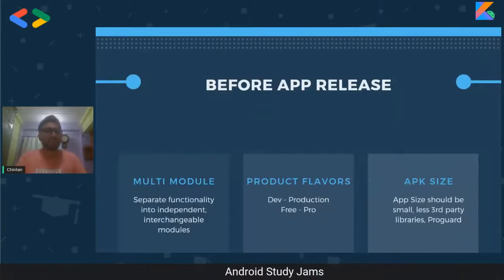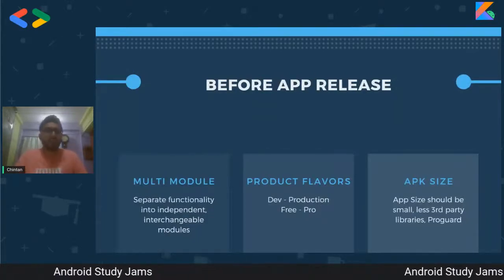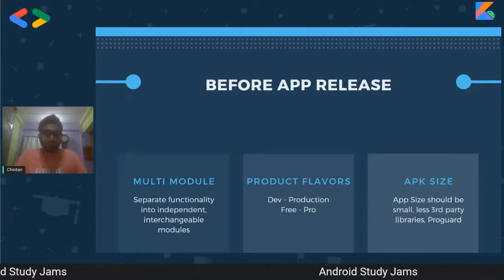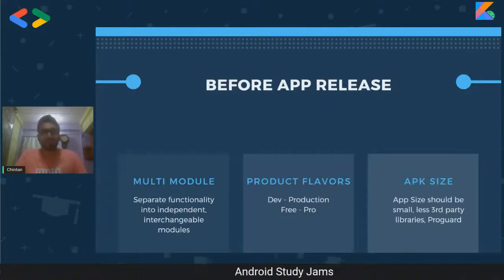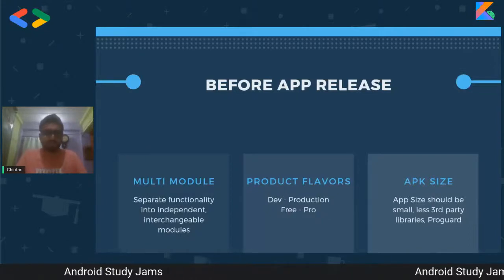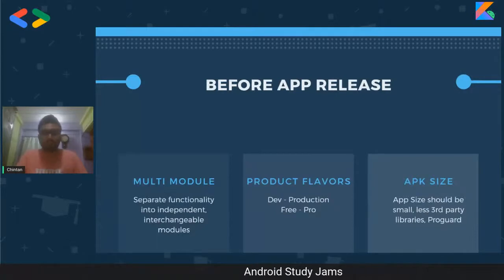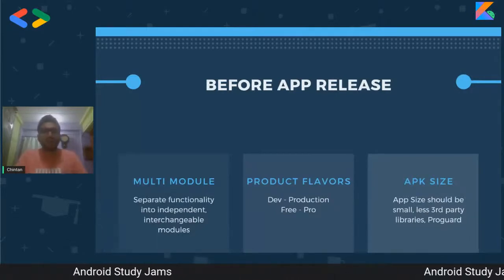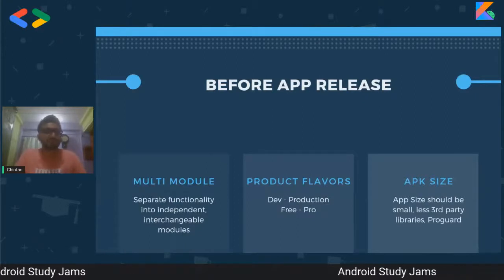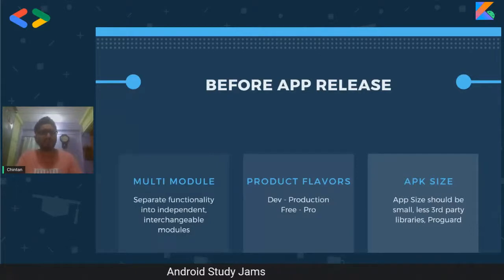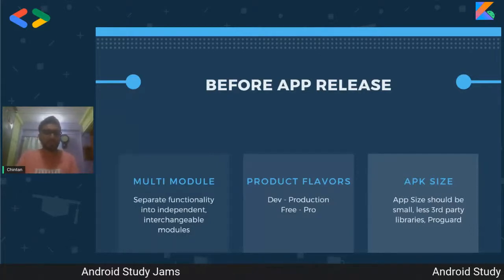And before we release the application, after the development and everything has been done, generally we keep track of what our application is supposed to use. Like we make it a multi-module application. Like in Paytm, if you try out something like Paytm Mall on their Paytm application after the session, it will take a few minutes and it will show updating the app or something like that.